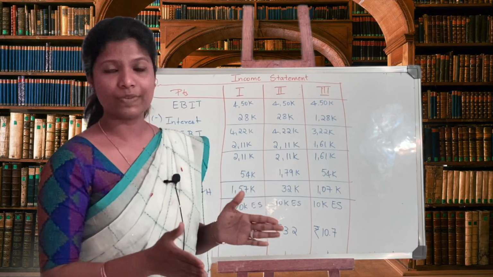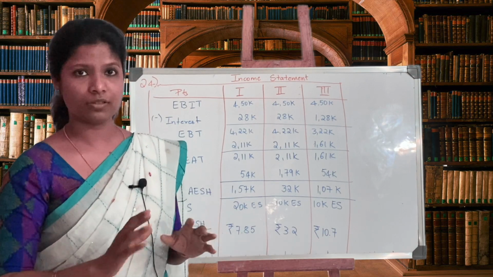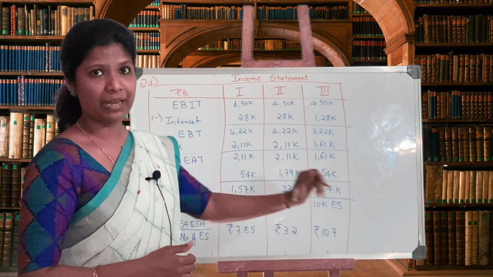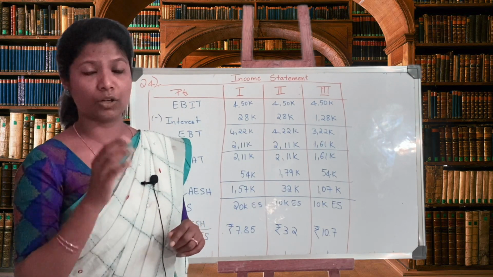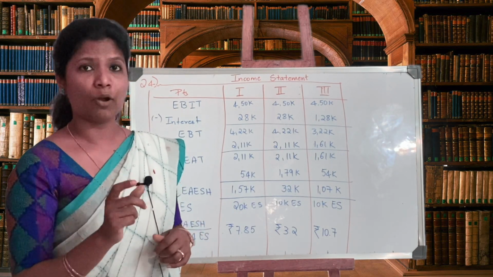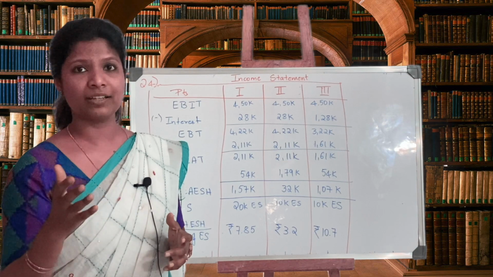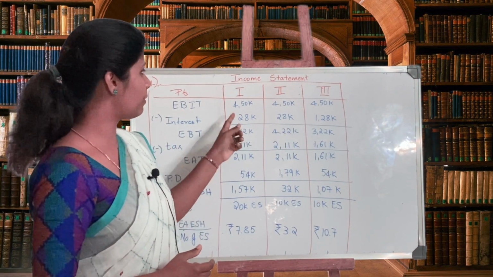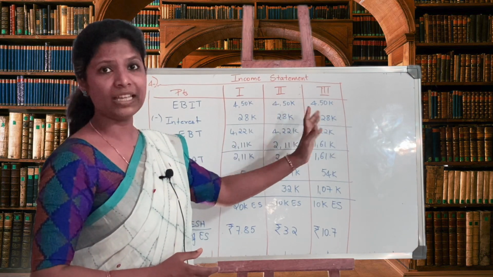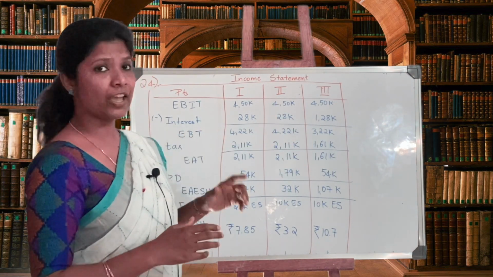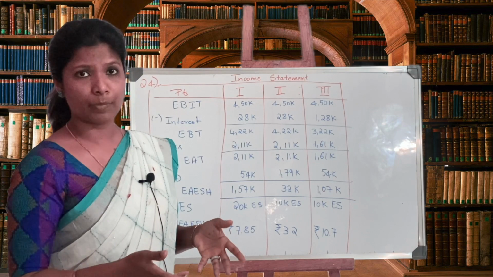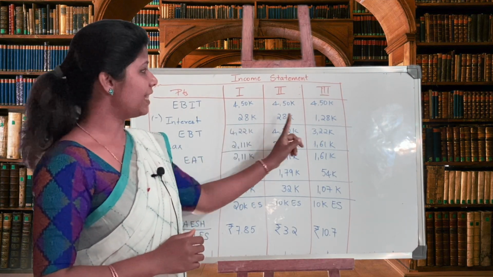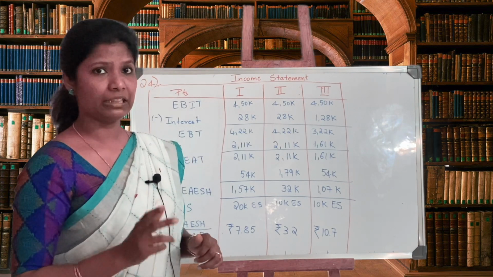Since we have completed all the working notes, we are solving our income statement, with particulars and 3 different plans. According to working note number 1, we found out that EBIT is 4,50,000, that is 12% on your total capital structure, which comes to 4,50,000 for each of the plans. Interest we have just calculated in working note number 3: 28,000 for the first 2 plans and 1,28,000 for the third plan.